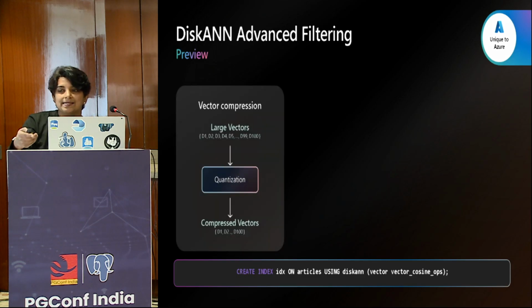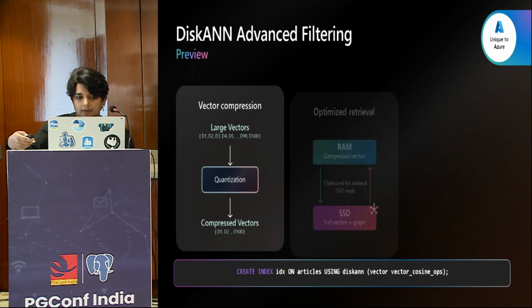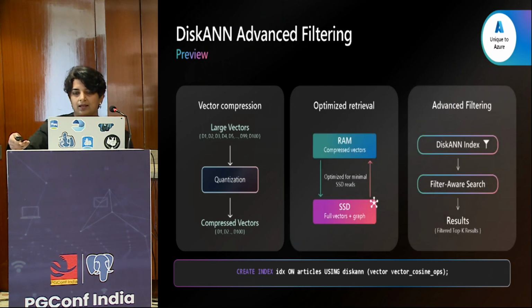And the way it makes the vector search better is that it uses a sparse graph to quickly navigate through the nearest vectors instead of scanning everything. It stores most data on the disk and not the RAM. That's how DiskANN works.